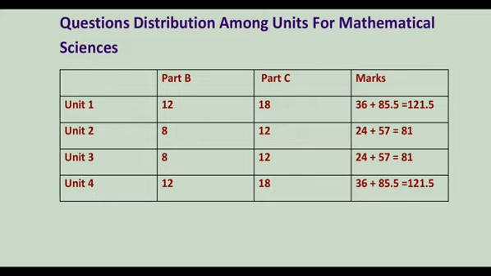So, covering Unit 1 and Unit 2 completely, and additionally some topics from Unit 3 for mathematics, and for a statistics background student, covering topics from Unit 1 and Unit 4 and some topics from Unit 3 will be enough to get above the cutoff mark.